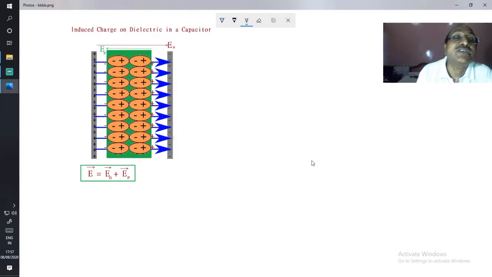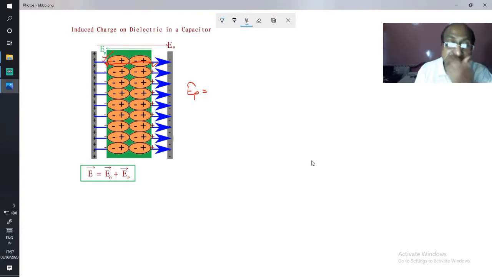Due to the negatively charged end and the positively charged end, an electric field is produced directing from positive charge to the negative charge due to polarization. Since this electric field is produced due to the polarization charges, it is called the electric field due to polarization charge and represented here by EP.